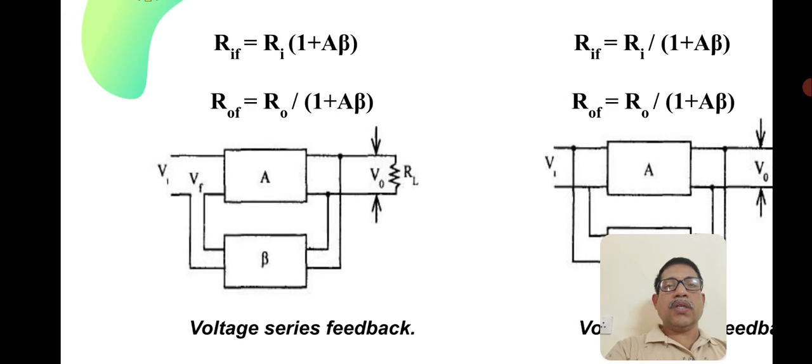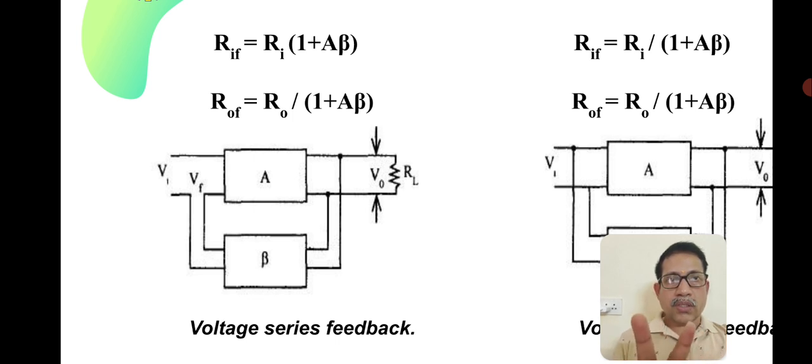For the voltage series feedback amplifier, the input resistance is in series. We know that when two resistors are connected in series, it is R1 plus R2.